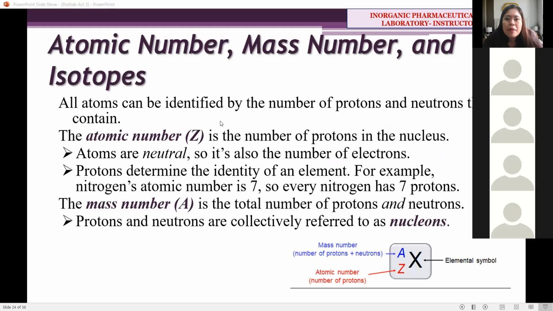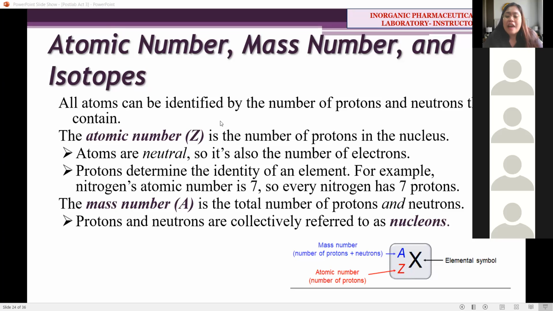Next, we have the atomic number, mass number, and isotope. You know this very well. The symbol of the atomic number is Z. If you get confused about which is the atomic number and which is the atomic mass, always remember that most of the time, atomic numbers are lower since they only represent protons, and the mass number is bigger since it is the combination of the protons and the neutrons. Take note, class, the atomic number represents the number of protons found in the nucleus.